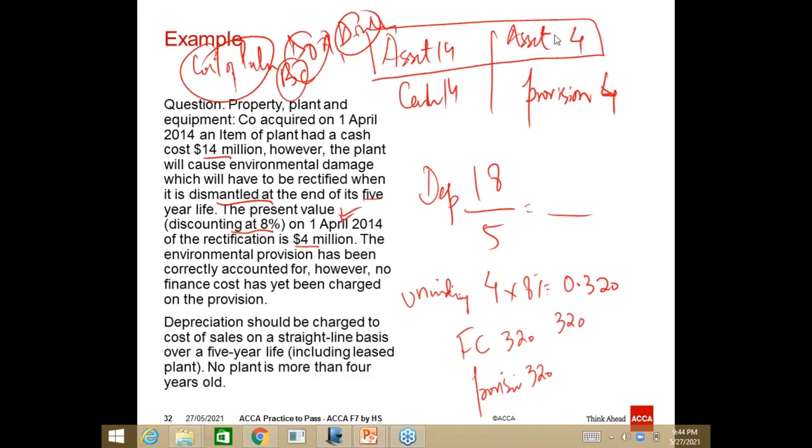That's what we have done: 14 million plus 4 million, that's 18 million. The present value of 4 million? No, 4 million is already the present value. It's not the future value. The examiner has already calculated it. The future value will be different and more than the 4 million.